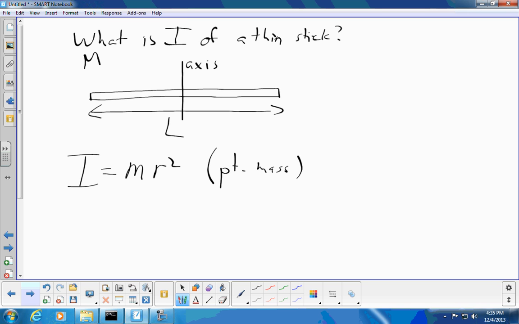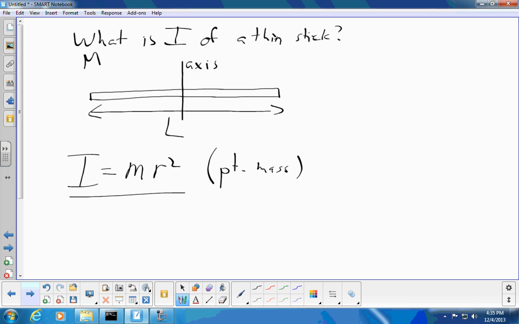Well, we, of course, will not stand for even really, really close. We need to get the exact answer for the rotational inertia, the moment of inertia, of this stick. And so what I need to do is apply this point mass formula to this continuous mass stick.